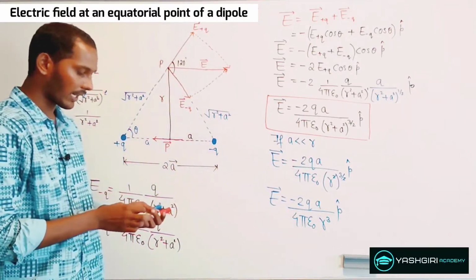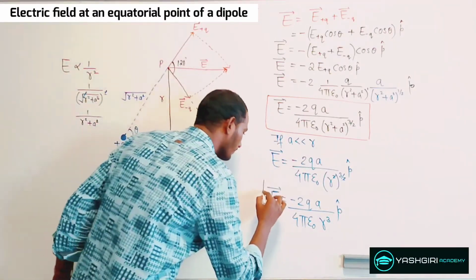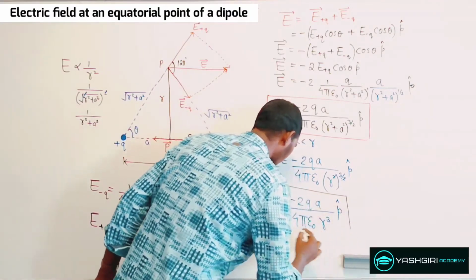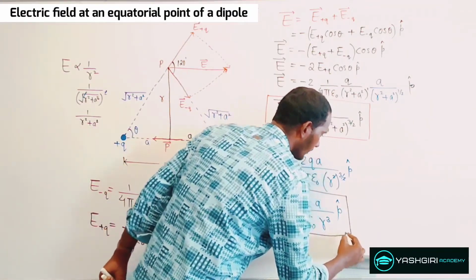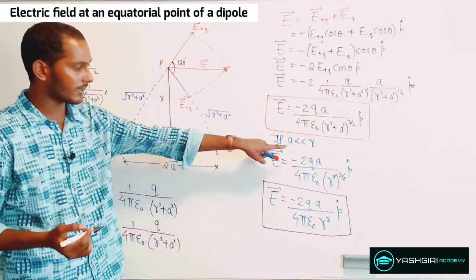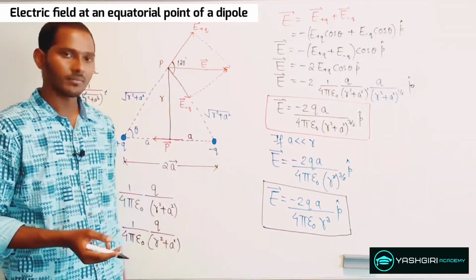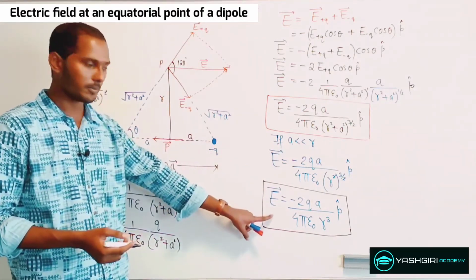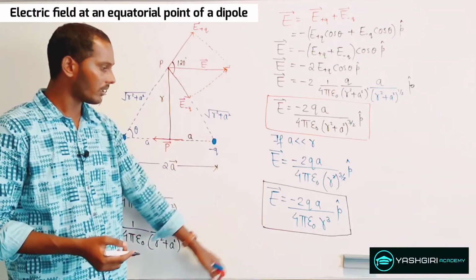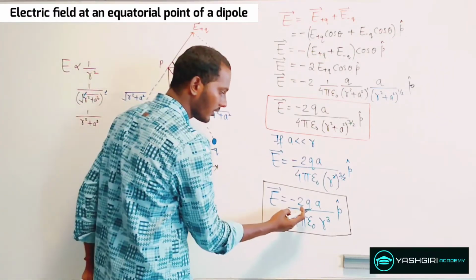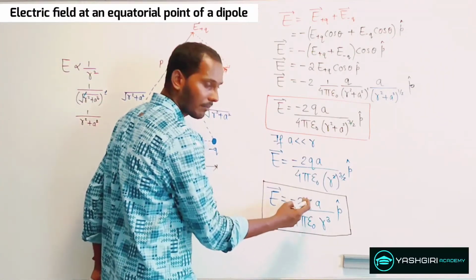So that's the other way of writing the same electric field if you consider the distance of separation is very, very much less than R. And here again, if you want to write the same expression in terms of dipole moment, I can just replace this 2QA with your dipole moment.